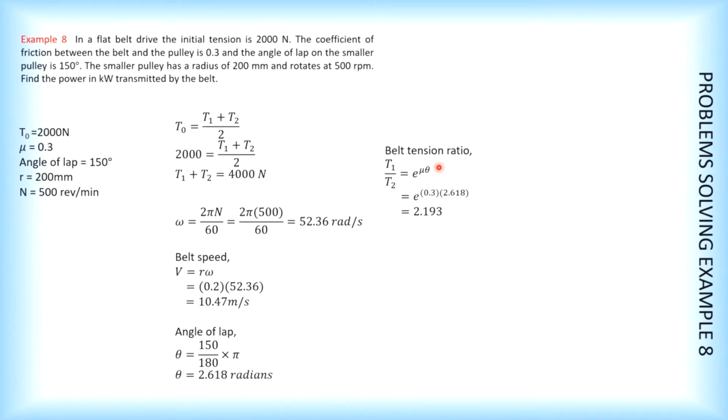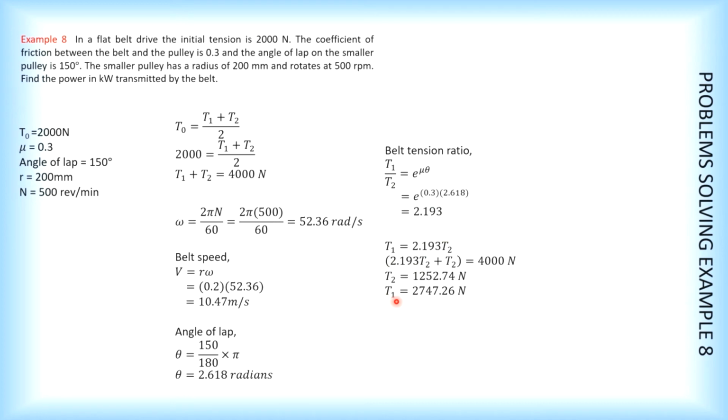Based on the belt tension ratio, we form the equation of T1 in terms of T2. From this, you have 2.193 T2 plus T2 equals 4,000 Newton, based on the initial tension equation T1 plus T2 equals 4,000, where T1 is equal to 2.193 T2.